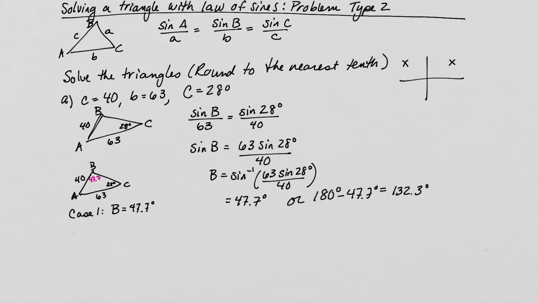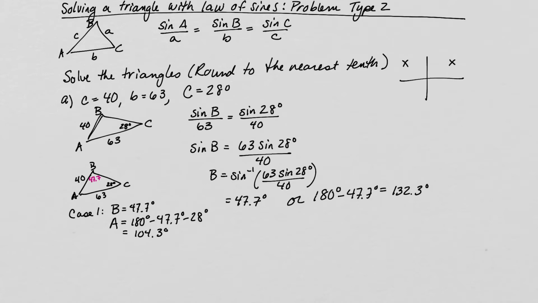I can use these angles to find A. So A is going to be 180 degrees minus 47.7 degrees minus 28 degrees, which is 104.3 degrees.